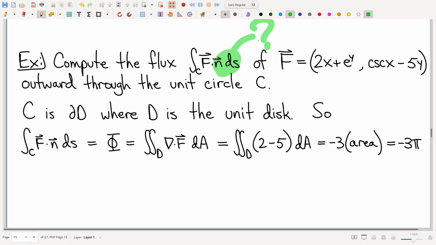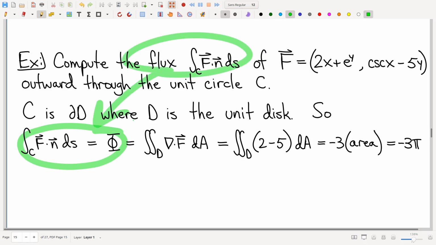If you were going to try to brute force this, you would have the nasty problem of trying to figure out how to write down a formula for little n. It's not that it can't be done; you can totally do it. But it's kind of a pain. I don't want to have to think that through. The beautiful alternative is to remember that we just developed a big theorem for computing outward-oriented boundary flux.